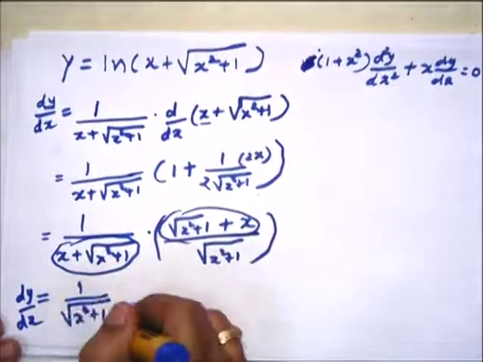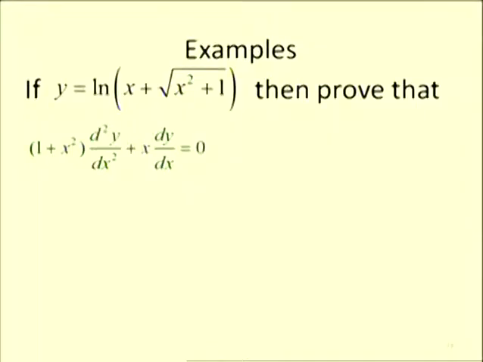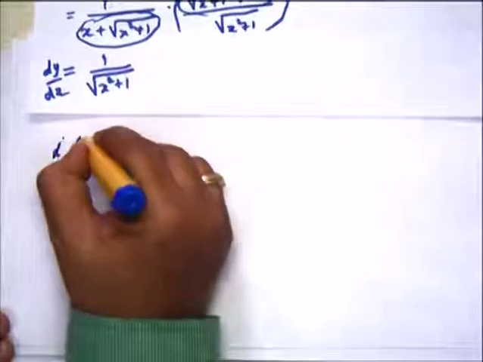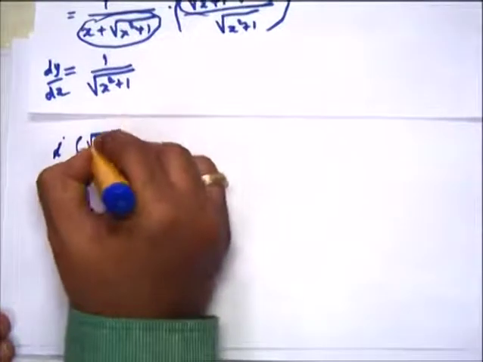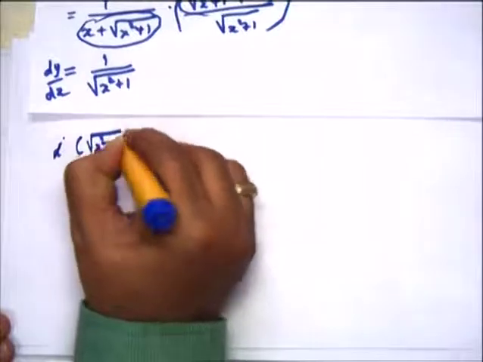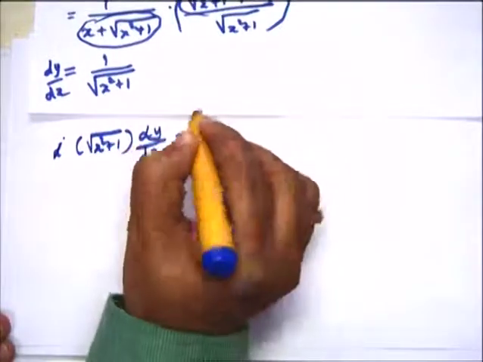So if we square it, we'll get there. So let us here multiply this root of x square plus 1 on the opposite side. We'll get this.